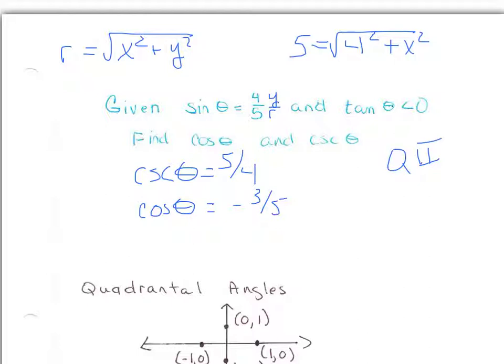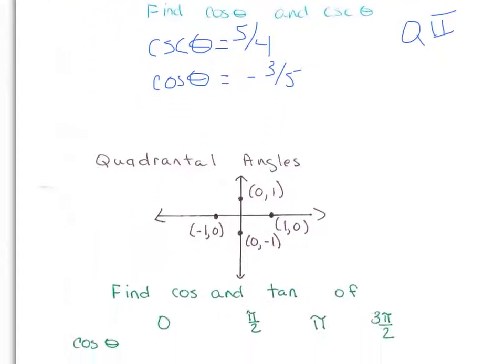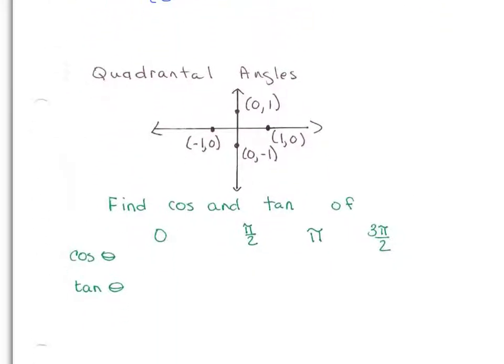Okay, let's look at quadrantal angles. With quadrantal angles, we go back and consider unit circle values. Very often, even when I'm working on calculus or a paper like this, I'll draw these quadrantal angles, these points.